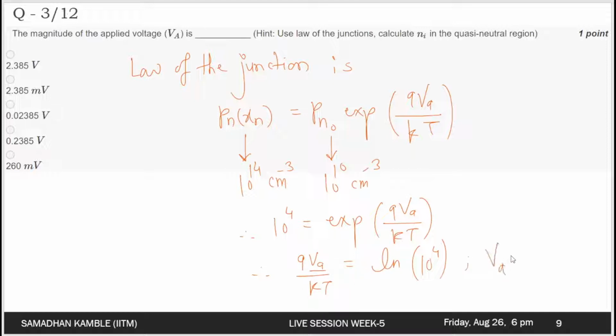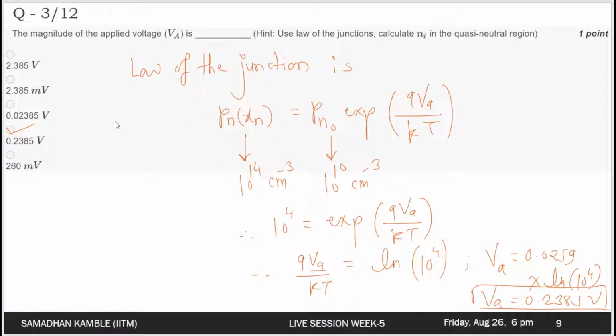So VA is nothing but 0.0259, which is the value of KT by Q for temperature 300 Kelvin, times ln of 10 to the power 4, and this will give you the applied voltage as 0.2385 volt. So the answer for this question is option D.